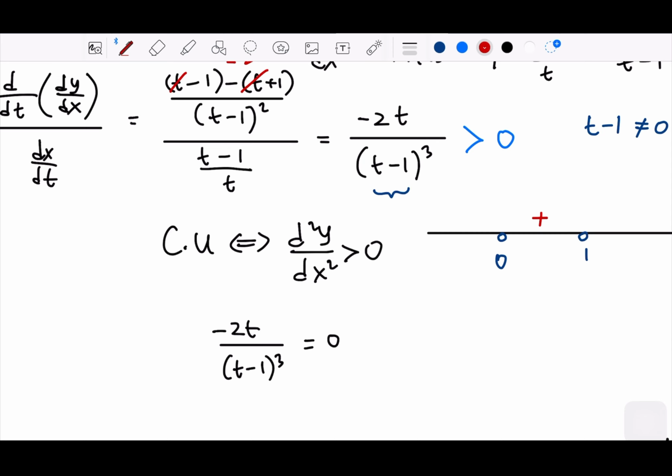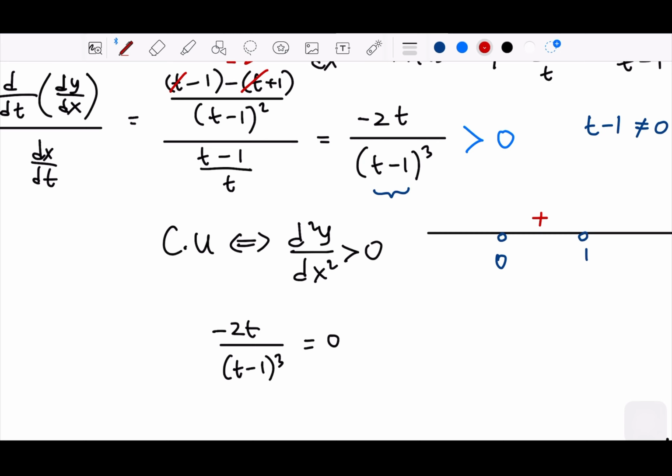If you take the negative here, maybe this will be true, but for the top expression, that becomes positive. Positive over negative becomes negative. Okay, so negative.